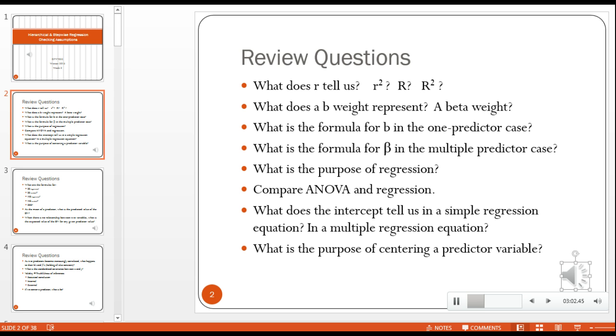What is the formula for the beta in the multiple predictor case, specifically in the 2 predictor case? I will never ask you to think about more than 2 predictors when we're thinking of B weights. So the formula for that, recall, is the correlation between the DV and the first predictor. So remember that was RY1, or just R1.